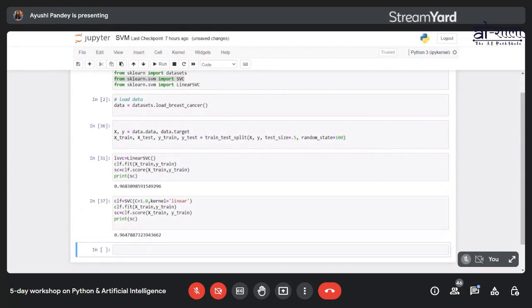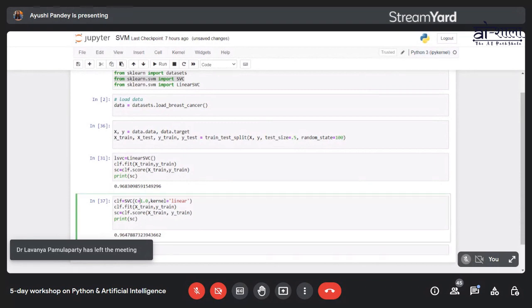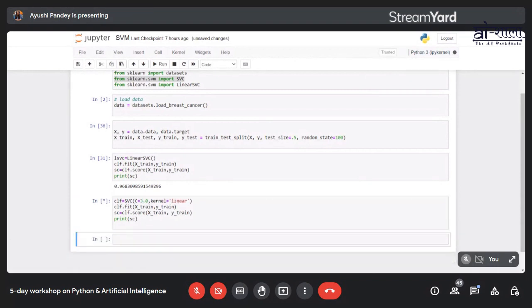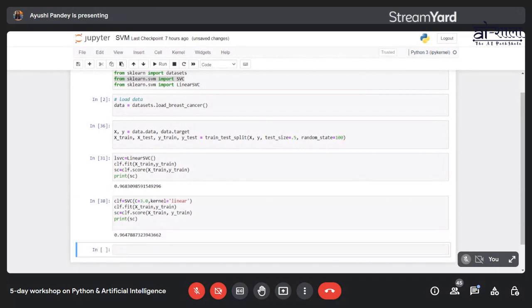Okay, so initially it's almost the same, but initially it was around, this was one. Now three, no change, no major change. 10, so no major change.